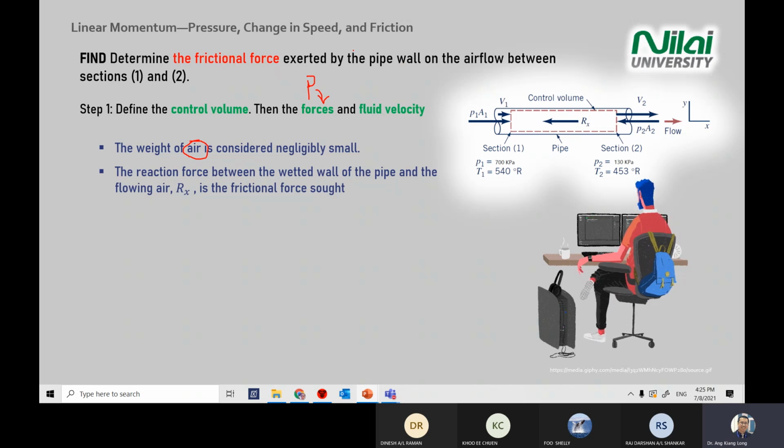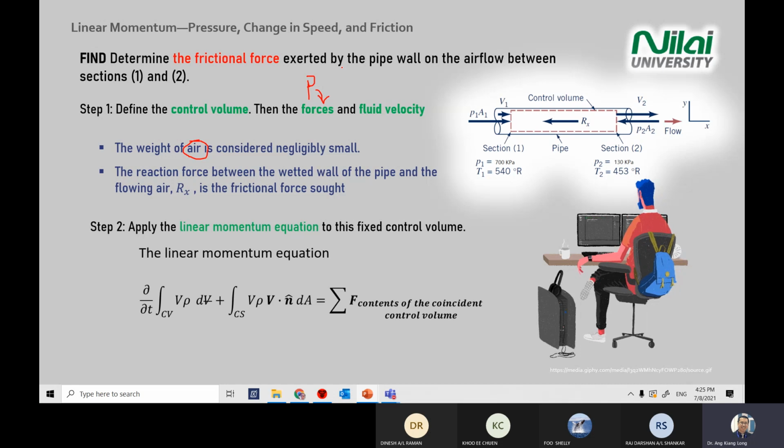So we need to determine the Rx by using the linear momentum equation. Recall your linear momentum equation, like what you see on the screen. Write the equation properly. The equation will be the CV term plus the CS term equal to all the forces acting on the control volume.